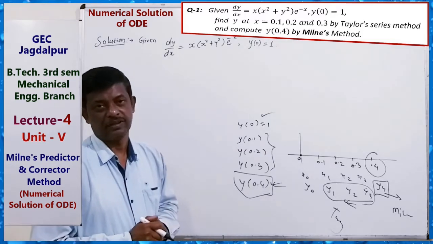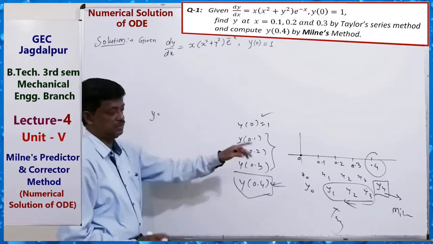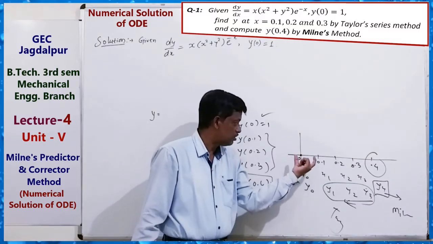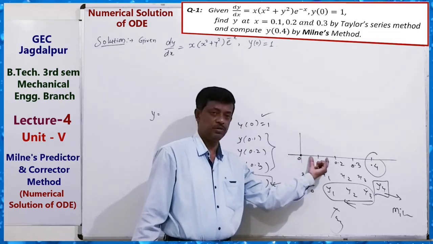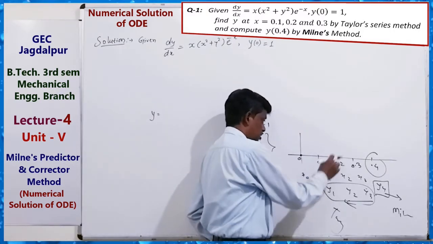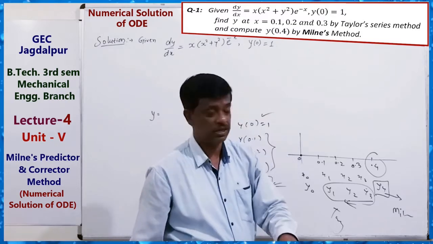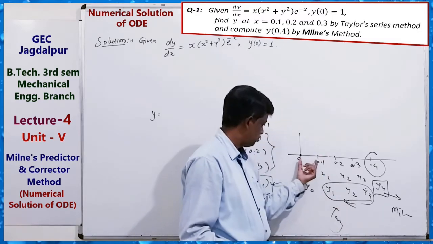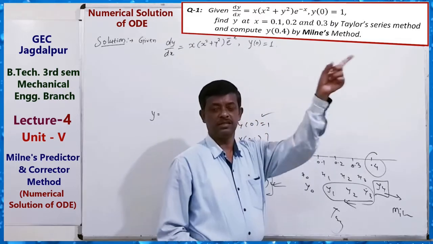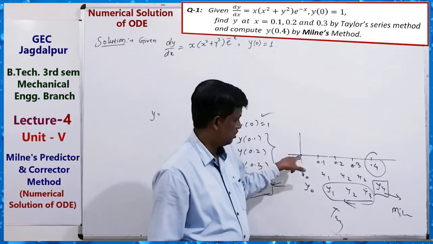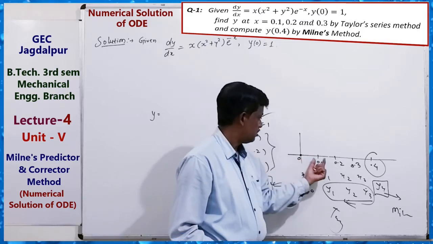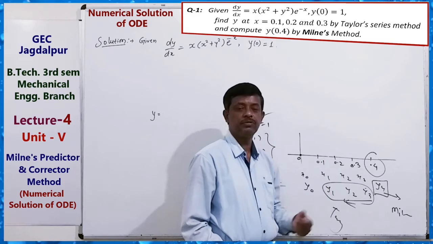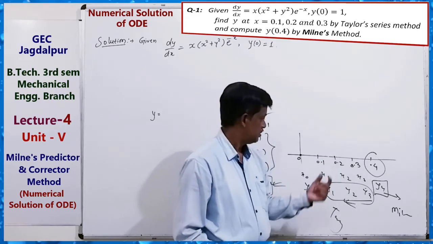In Taylor series method, first of all, we have to write the Taylor expansion about a point. We can get the Taylor expansion about this point or this point, any. In the Taylor series method, we expand the function about the first point, and we find the value of y at the next point.